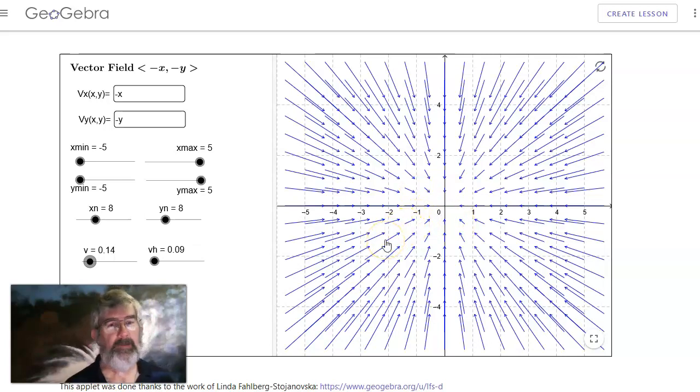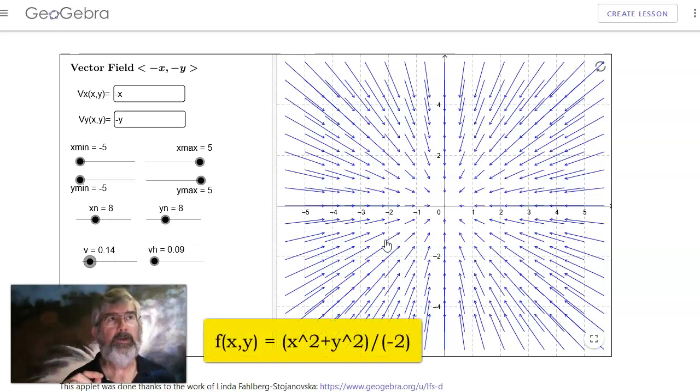This happens to be a vector field that you would have seen back in Calc 3 because it is a gradient field. If you think about the function, or actually it's the vector field, it's the gradient field for an upside down paraboloid. So z equals the quantity x squared plus y squared all over 2, right? All over negative 2 because it's an upside down one.